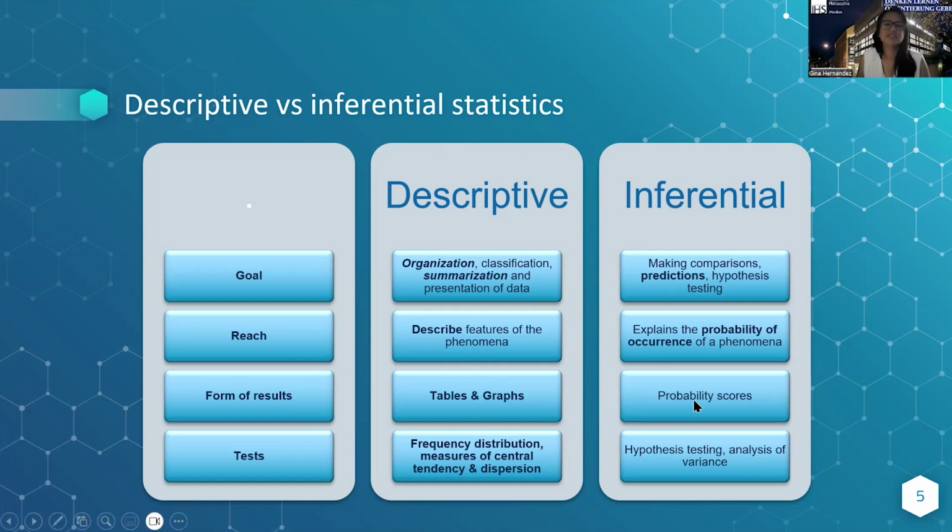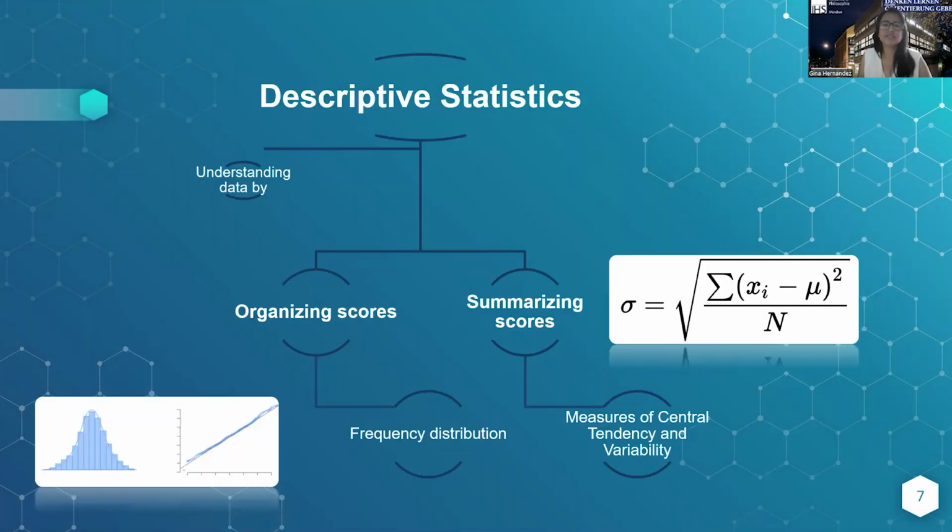For descriptive statistics, we are trying to describe the phenomena, and we are using tables and graphs. As we discussed last time, there are two main ways to use descriptive statistics. The first one is by organizing scores in these kinds of graphs that we already discussed, or by summarizing scores, that is, calculating mean values, standard deviation, and the variance of the data.